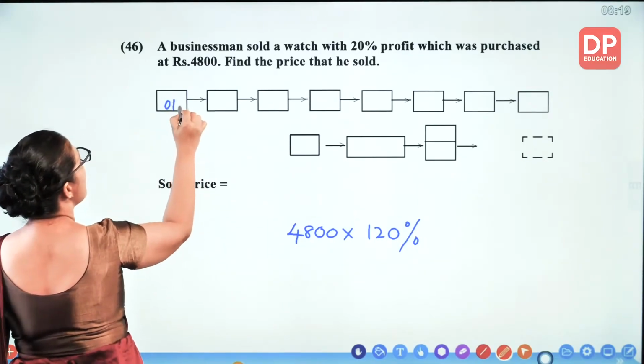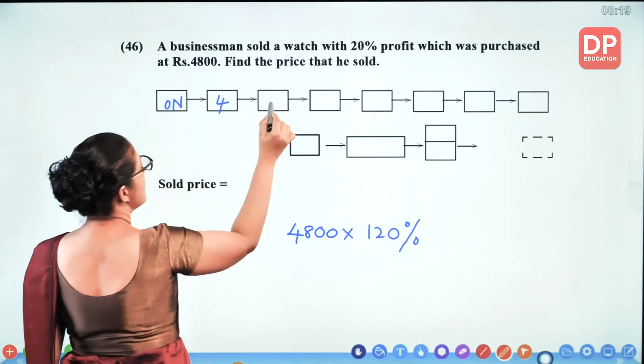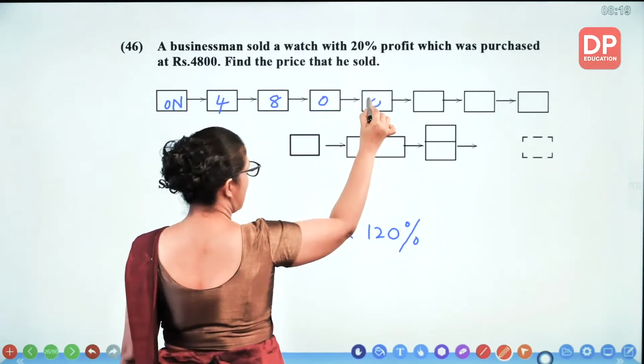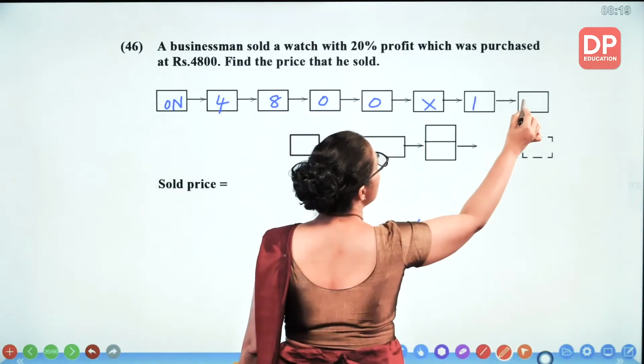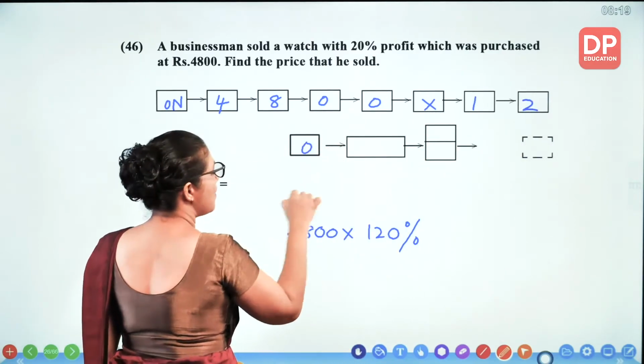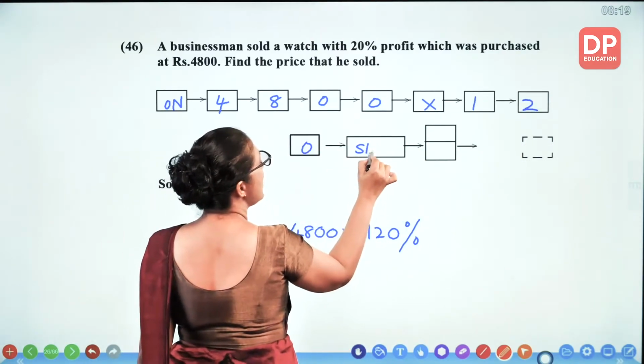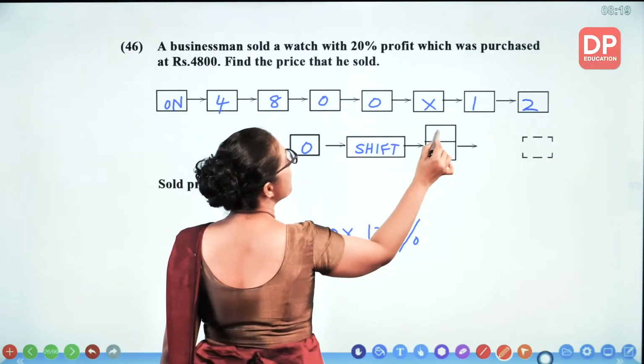So switch on the calculator. 4,800 multiplied by 120 and then percent sign means shift and percentage sign.